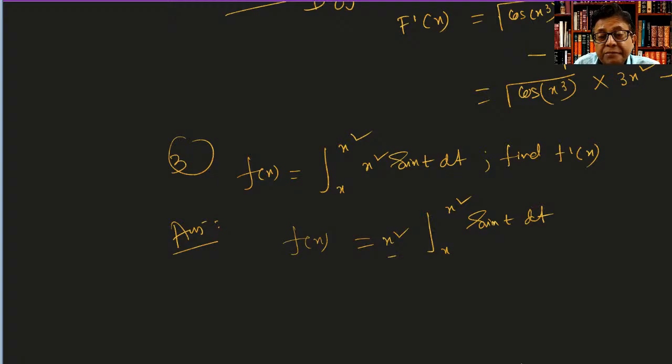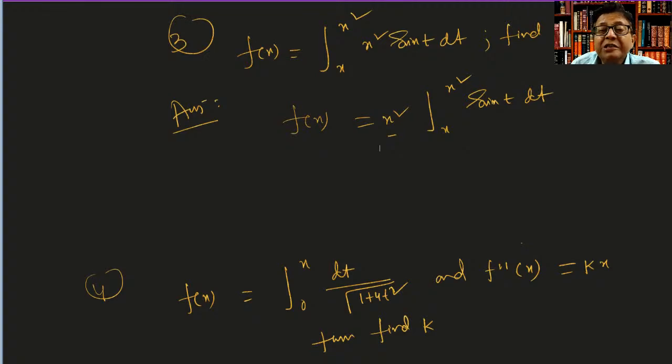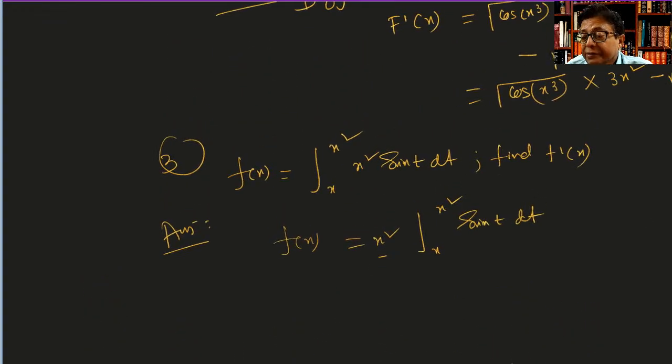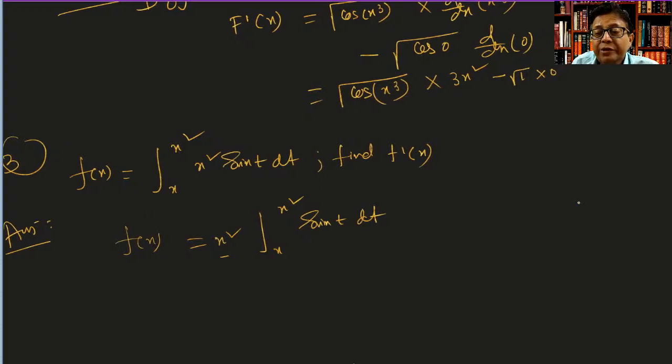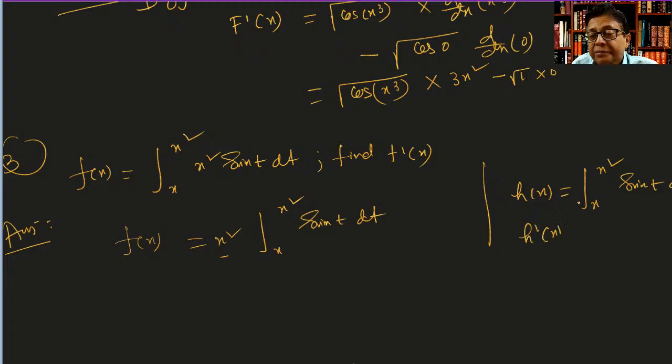Okay? So to find f dash x, you have to take care of the product rule of differentiation here. If you go by derivative of this part separately, by taking this one as another function h(x) equal to integral from x to x square of sin t dt, then h dash x will be: you'll be taking x square inside, then derivative of x square is 2x; x inside, this part we are doing by Leibniz rule, then derivative of x is 1.